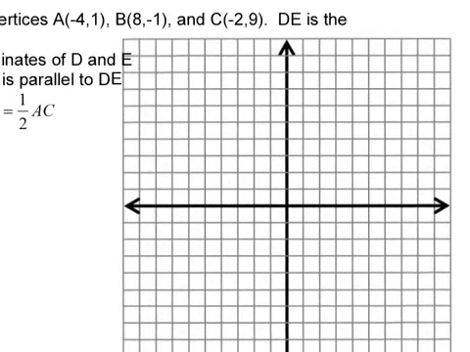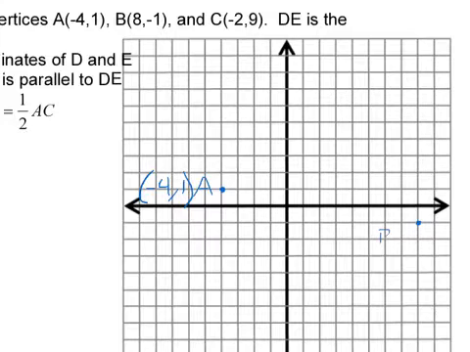I'm going to do blue. A is at -4, 1, so that would be right here. Okay. B is at 8, -1, so that would be right there. Did I count that right? Yeah.